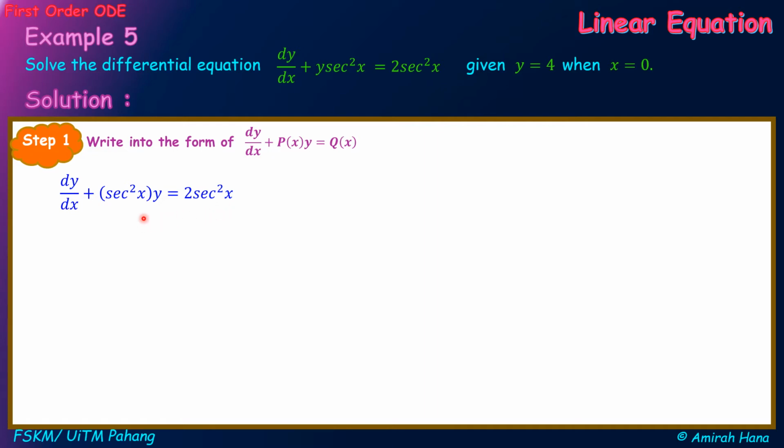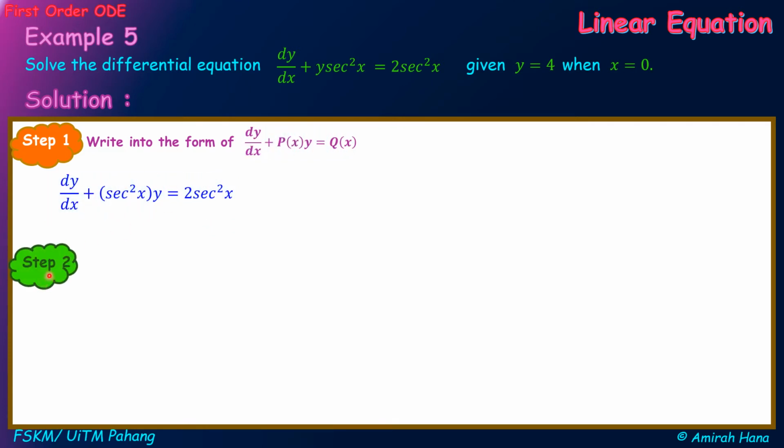Now we compare with the standard form of a linear equation: the coefficient of dy over dx is positive 1, P(x) is the term containing x multiplying y, and Q(x) is the term containing x, or not containing y.